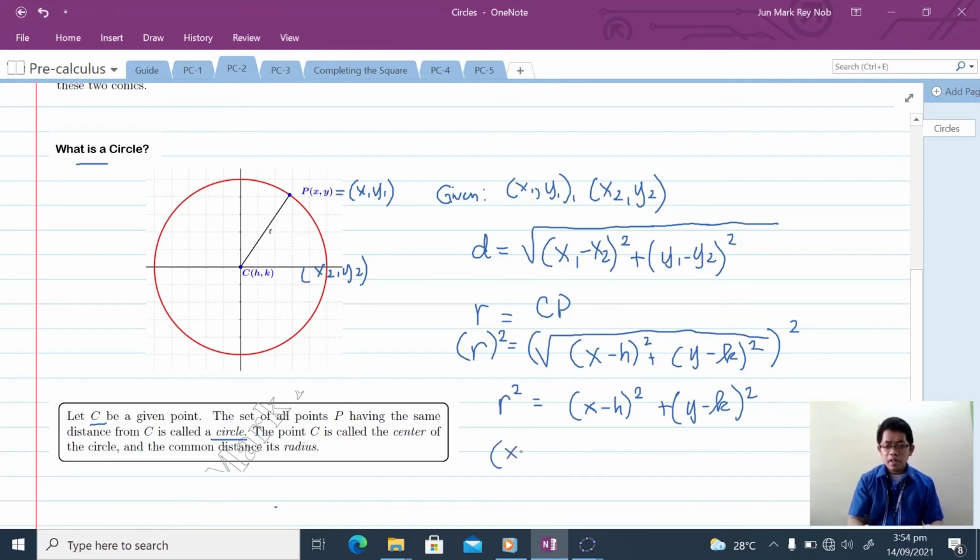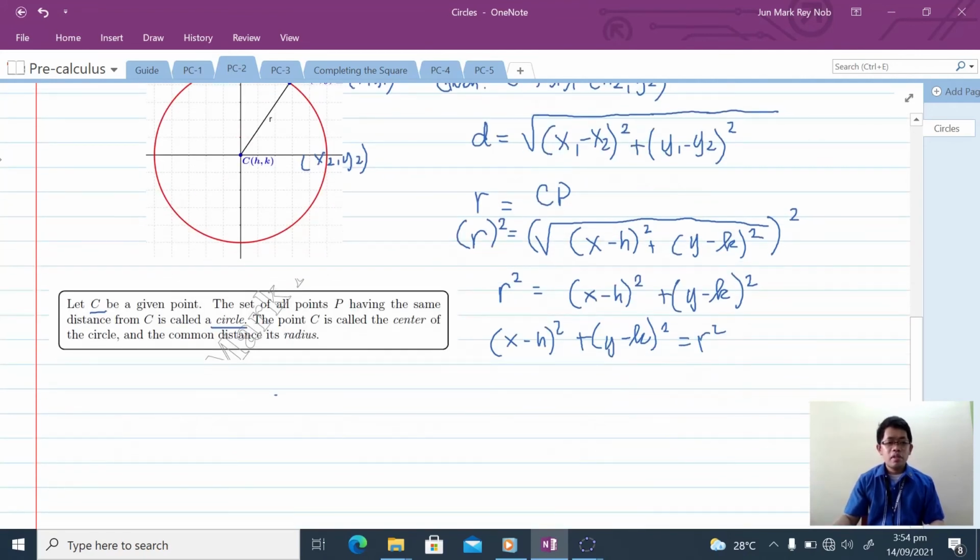So I will have x minus h squared plus y minus k squared equals r squared. This is what we call the standard form of an equation of a circle.